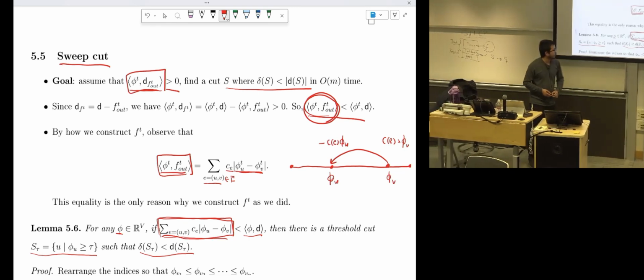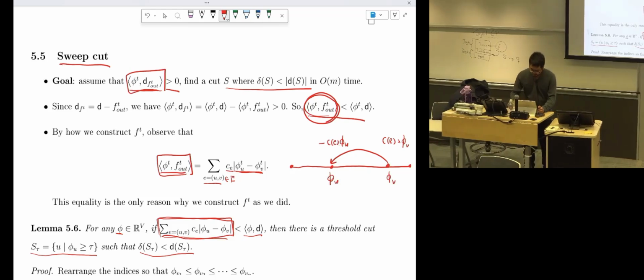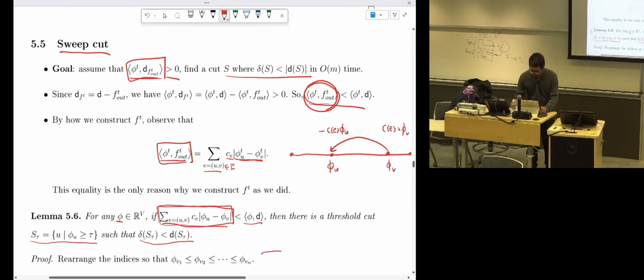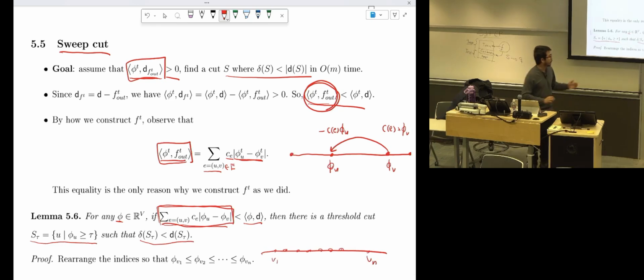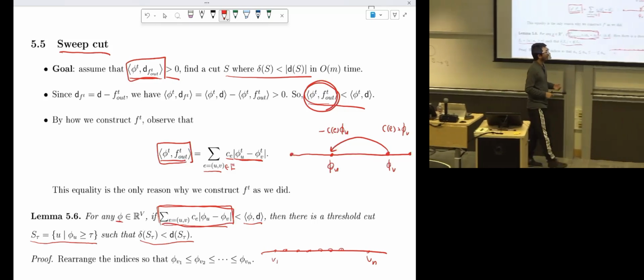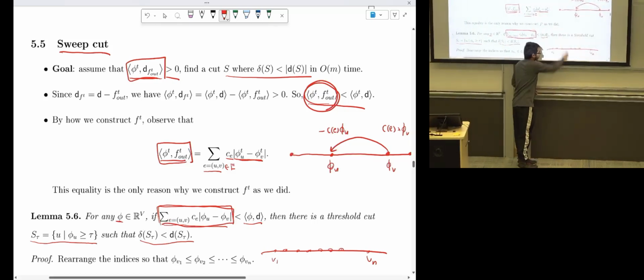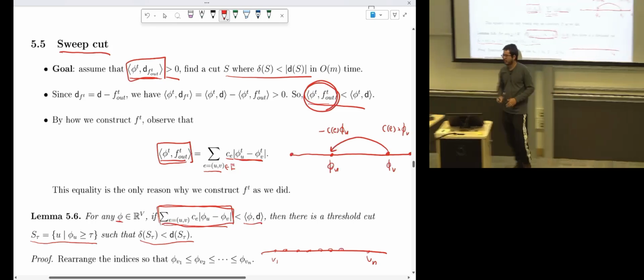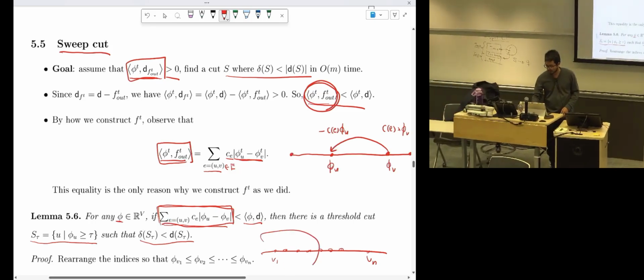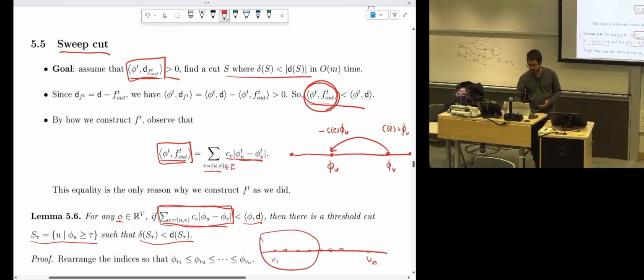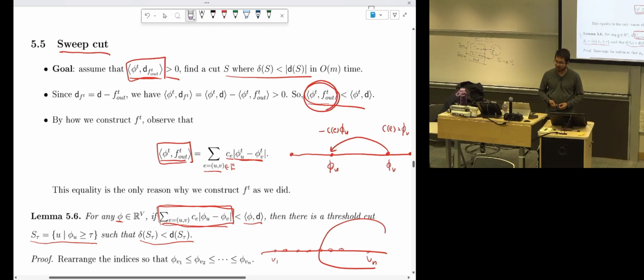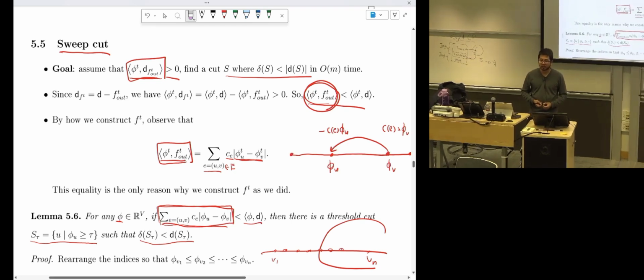The idea is that I just sort the vertices V1 through Vn according to their potential, and I claim that one of these prefix cuts or suffix cuts will be the violating cut.